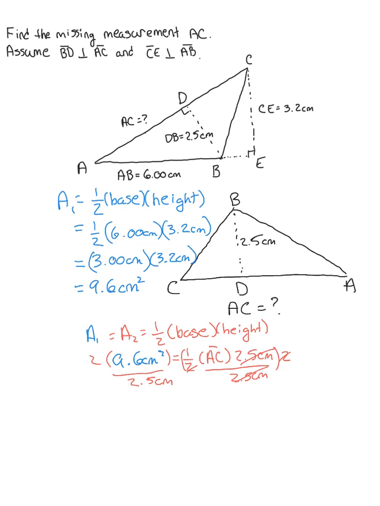So here we will be left with 2 times 9.6 centimeters squared over 2.5 centimeters, and that will equal the length AC. And if you throw that into a calculator and do the division, you'll find that it is equal to 7.68 centimeters. And notice how the units cancel out nicely. And that is how you find the length of that side.